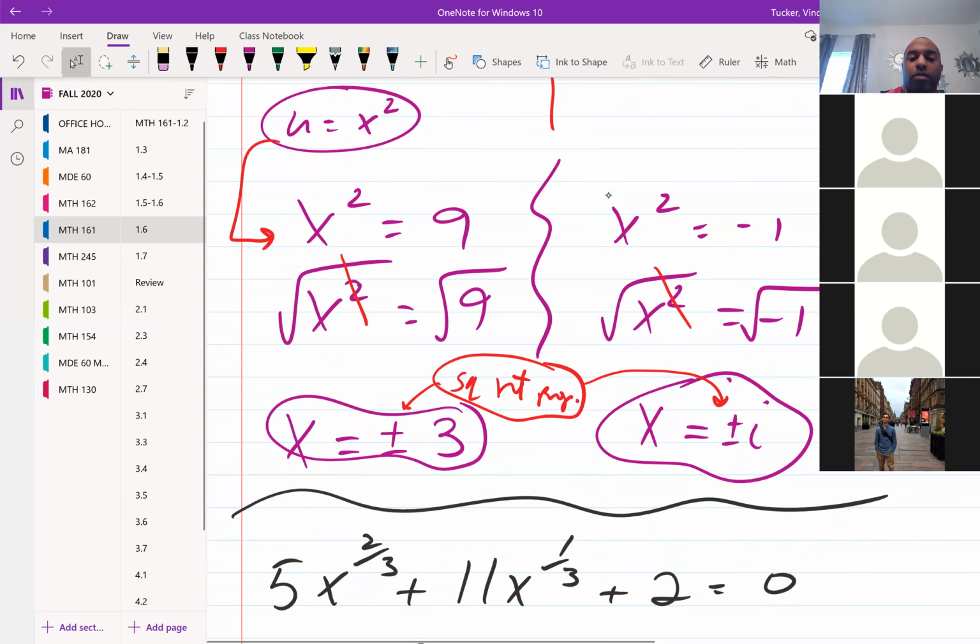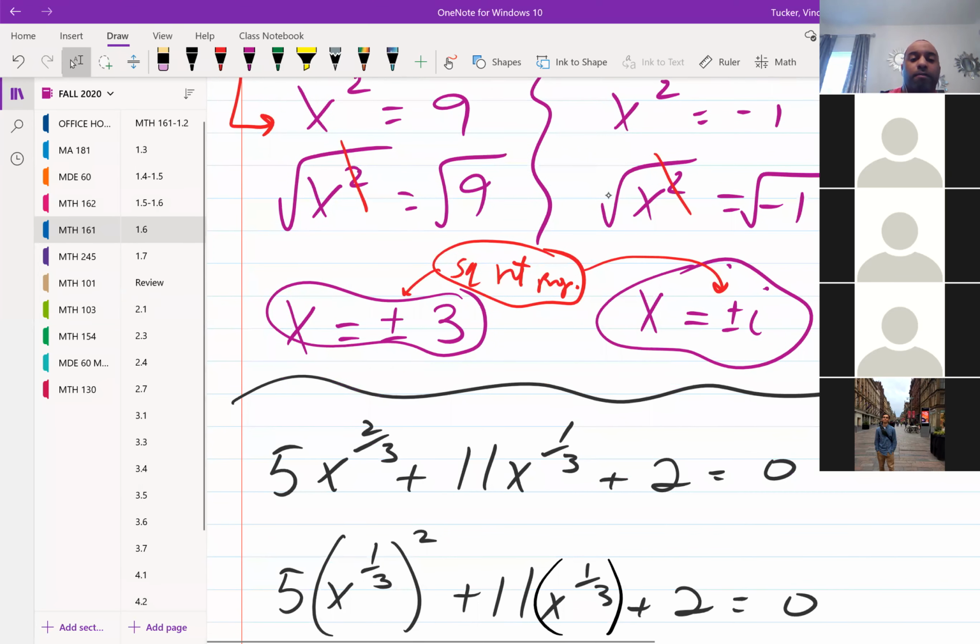All right, so we have 5x to the 2/3 plus 11x to the 1/3 plus 2 equal to 0. So once again, we have a quadratic equation, an equation in quadratic form. We notice our middle term is x to the 1/3, and our first term is 5 times x to the 1/3 squared.